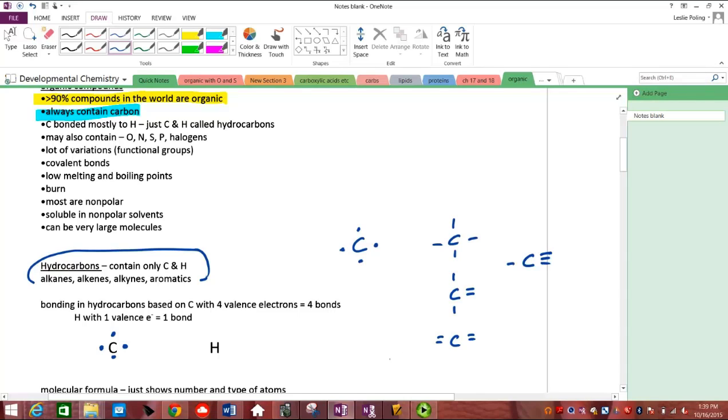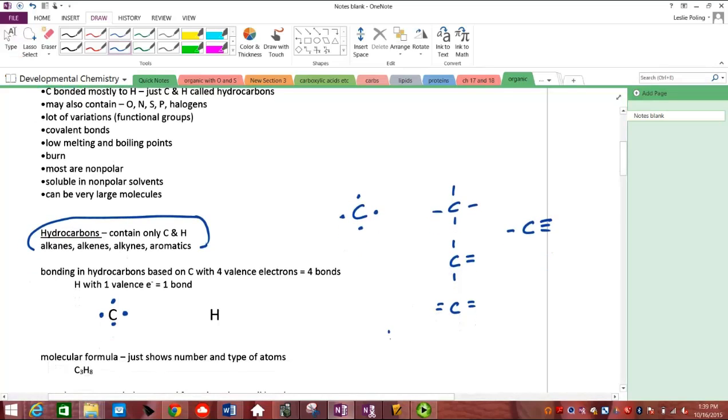And it can keep linking and make really big molecules, really long chains.